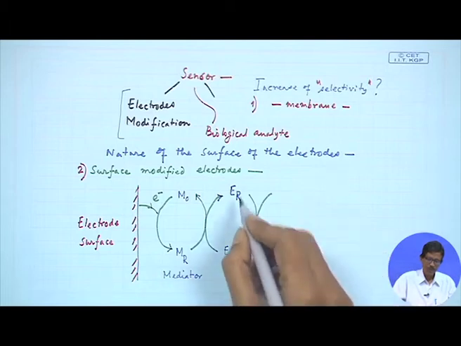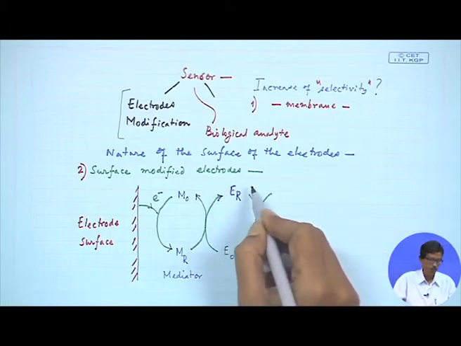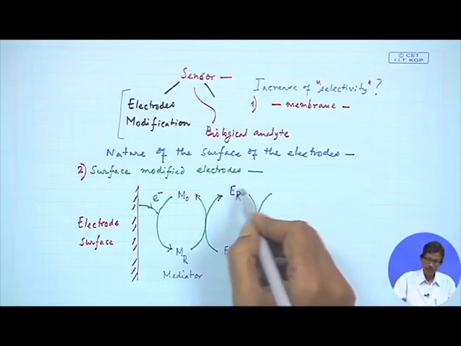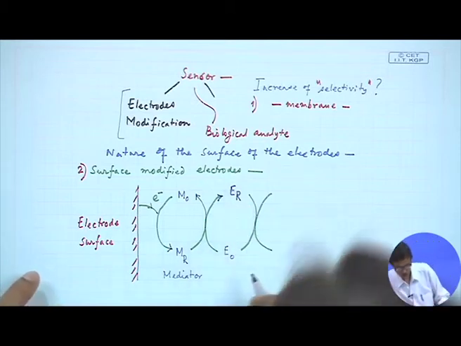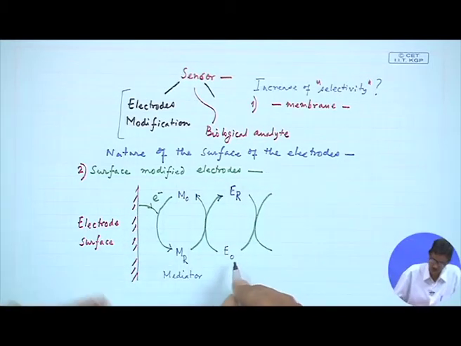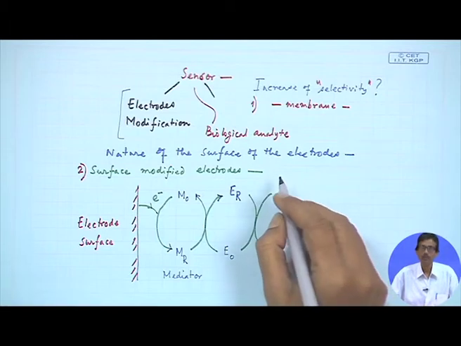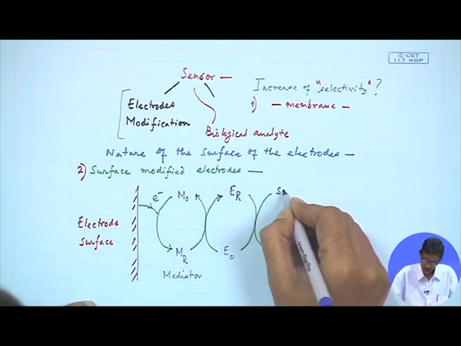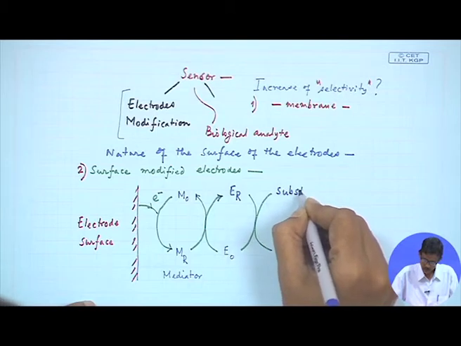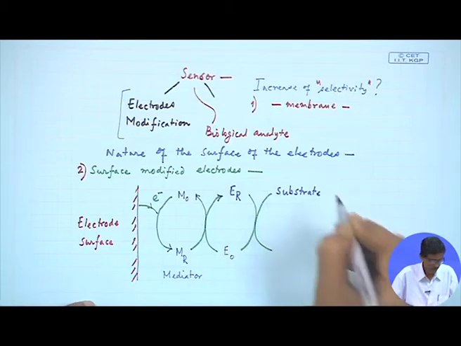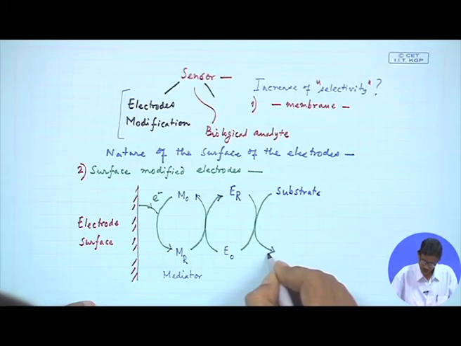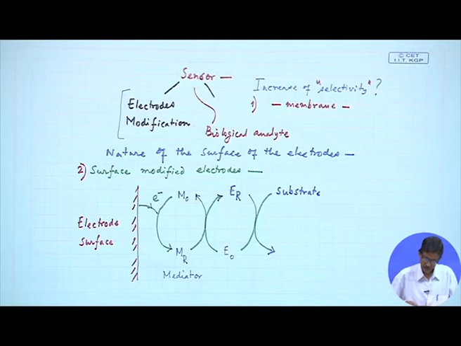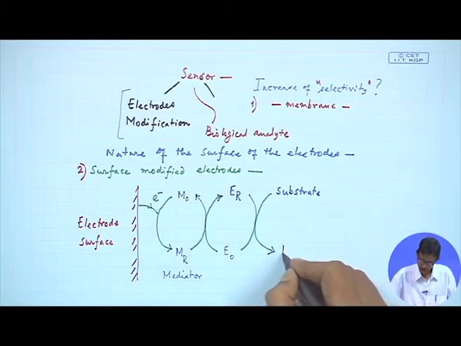So, as a result what we get is the enzyme in the reduced form. That is the required enzyme, not in the oxidized form, but in the reduced form, which will be utilized to take up your substrate, and when it is reacting with your substrate we get the corresponding products.